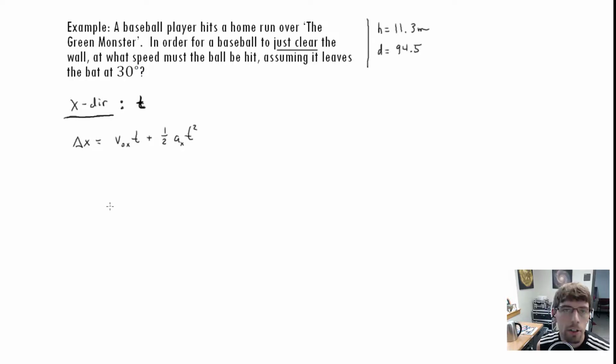You might say, well, why did you start off with that one? The answer is that I don't know v naught, v final, either of these values. But I want to find t. So I'm choosing the equation that has t and only has one of these two. And that's why I chose this equation.